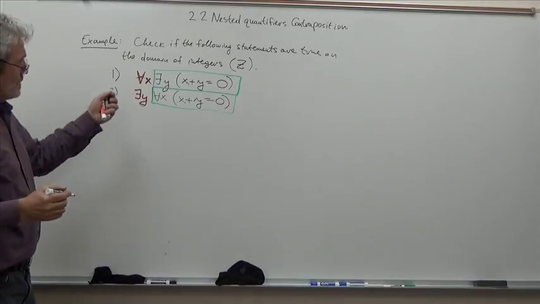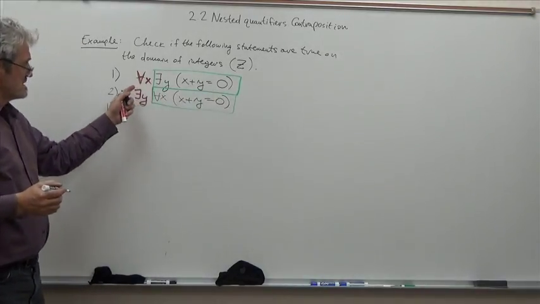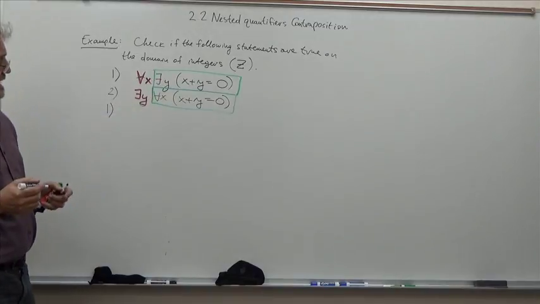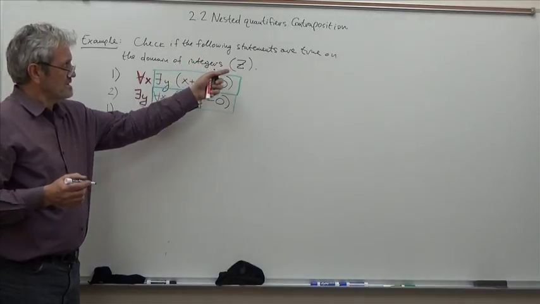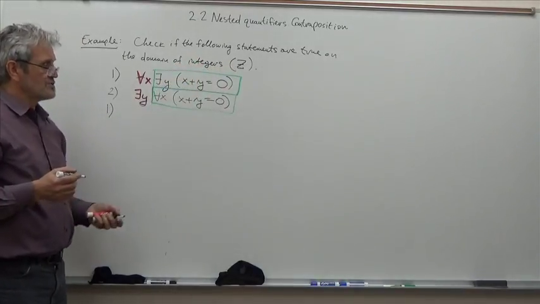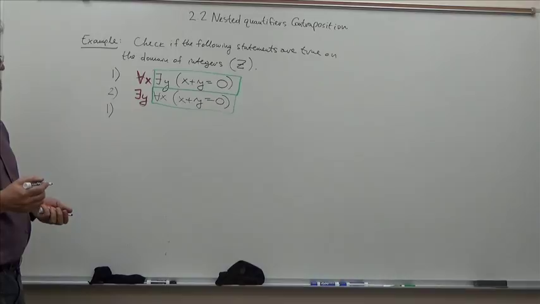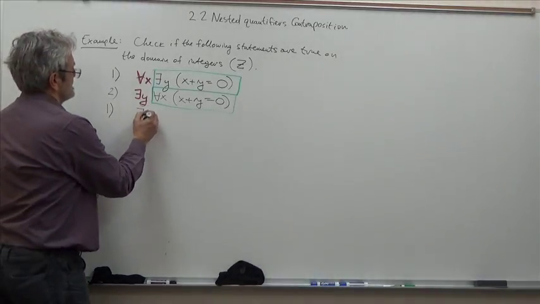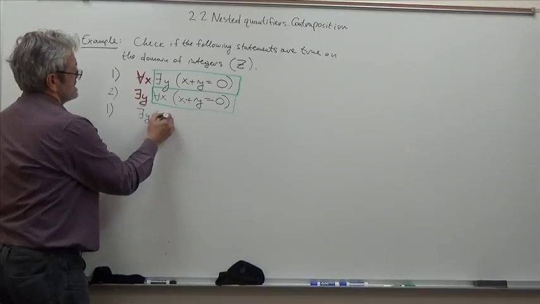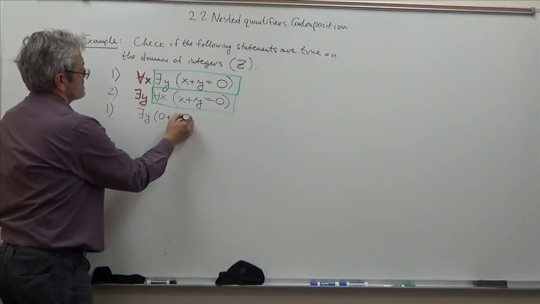No matter what's in the green box, if you see a for every x statement, that means we should substitute all the elements from the domain of integers and then check if the statement obtained is valid. So we'll get the following. There exists y such that 0 plus y is 0.